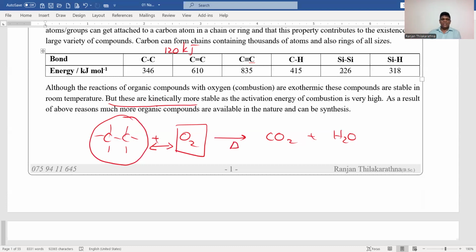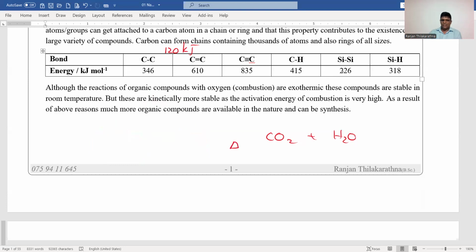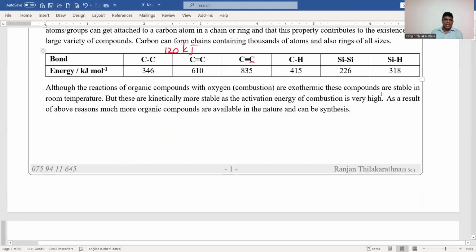It means those compounds are kinetically stable. If something is stable either thermodynamically or kinetically, those compounds can be considered stable. These are very basic things you need to know before we go into the theory part.